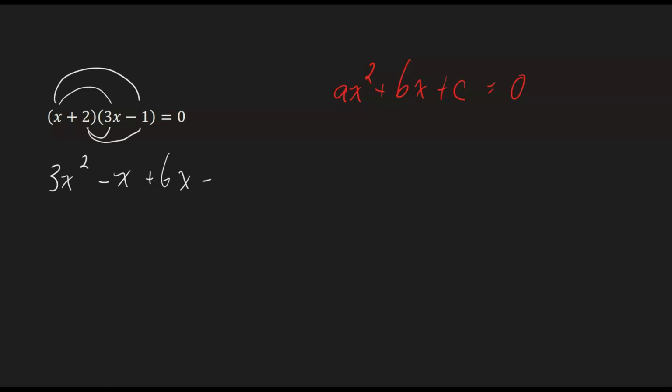And 2 by minus 1, which is minus 2, and this still is equal to 0. We have a couple of like terms, so we will combine those. We get 3x squared plus 5x minus 2 equals 0. And yes, this is a quadratic equation. We do have x to the power 2. So this does satisfy the quadratic equation requirements as well.